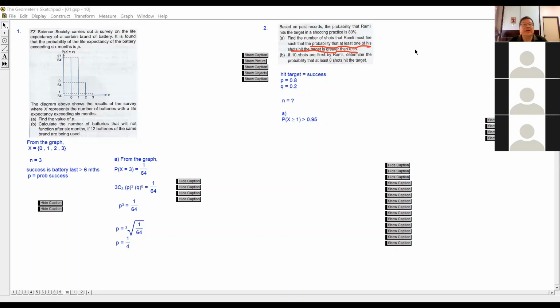So this sentence we change into symbols. At least one time hit the target means probability of x greater or equal to 1, right? Then the probability of hitting once or more than once is greater than 0.95.